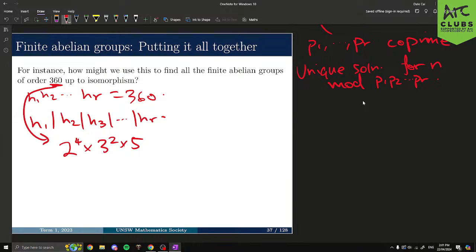Let me just check if this is correct. That is not correct. It is 2 cubed.